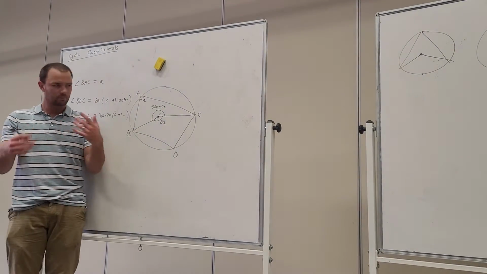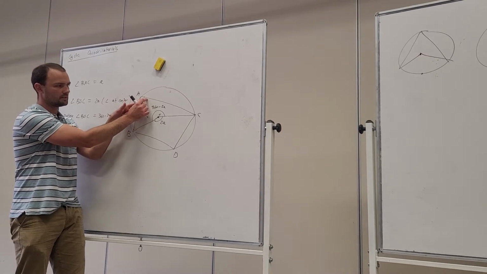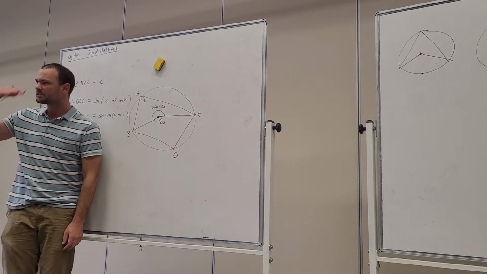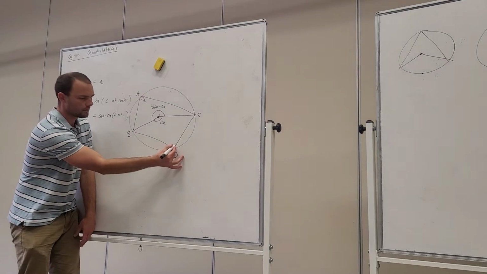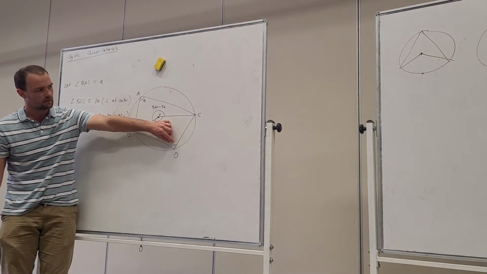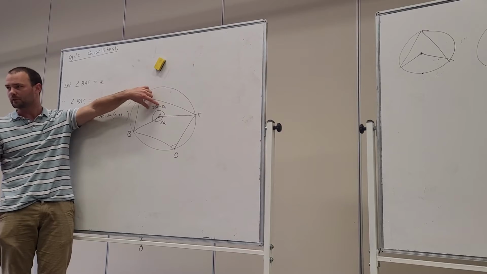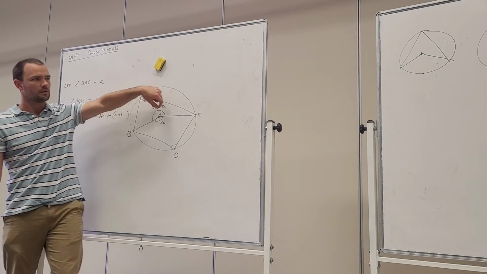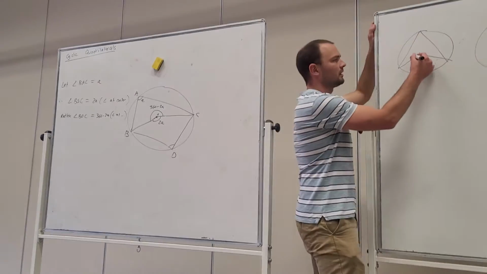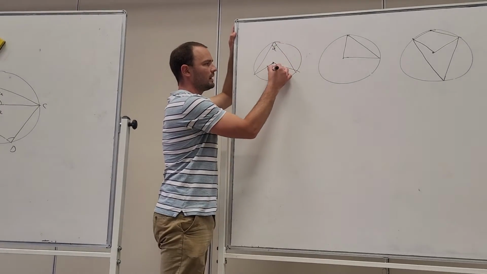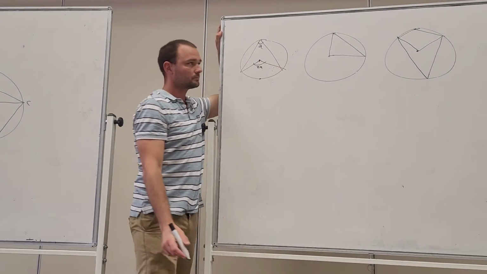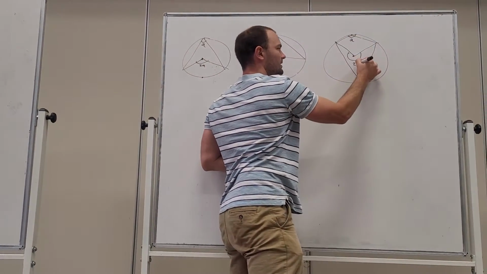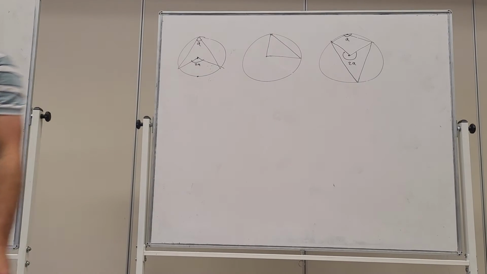It can be a little bit confusing because normally we're dealing with it in the circumstance where we can see it clearly double, but the rule still applies here. This angle is going to be half of the reflex angle here. So it's like this. If this is A, this is 2A, that's one way of representing it. But if this is A, then this angle here is also 2A.